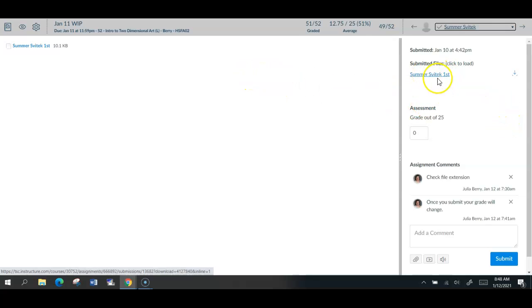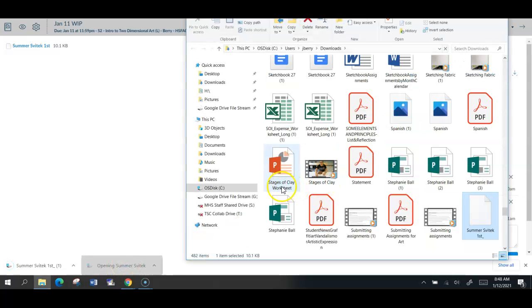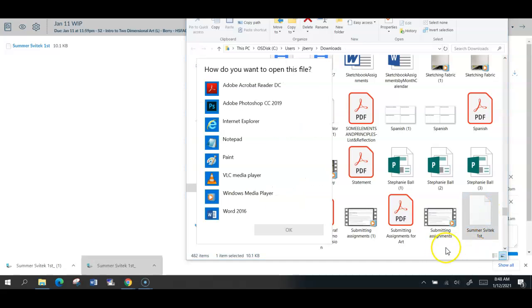Okay. You submitted it, but it had no file extension. Let me see if I can find a program to open it with real quick. Is there a way that it might have saved on my Google Drive? If it did, it saved as your full name with the number 1 ST underscore.